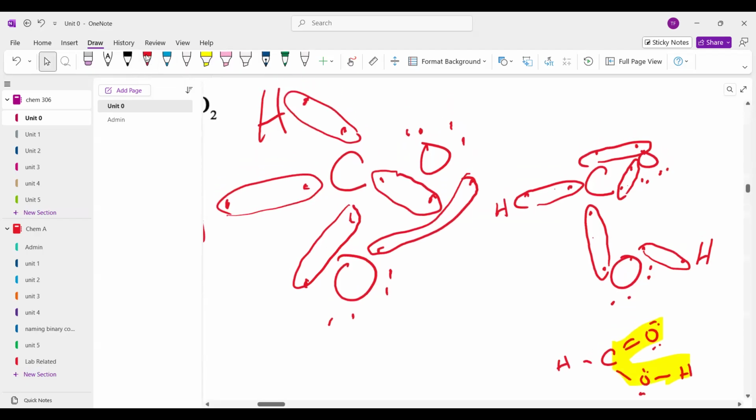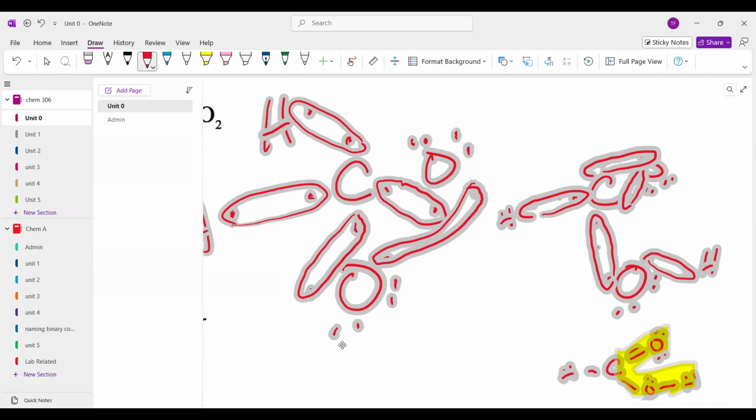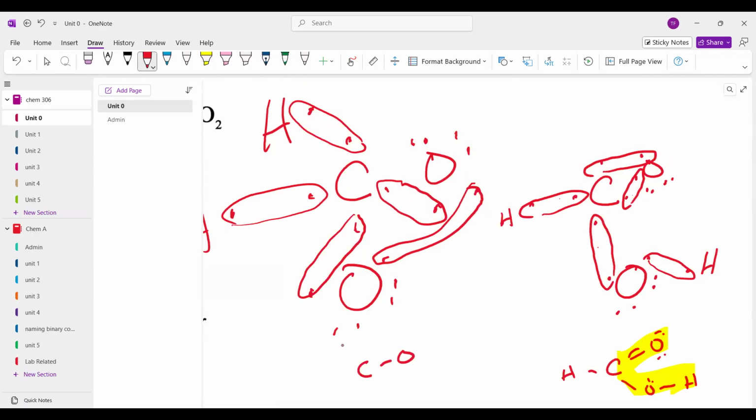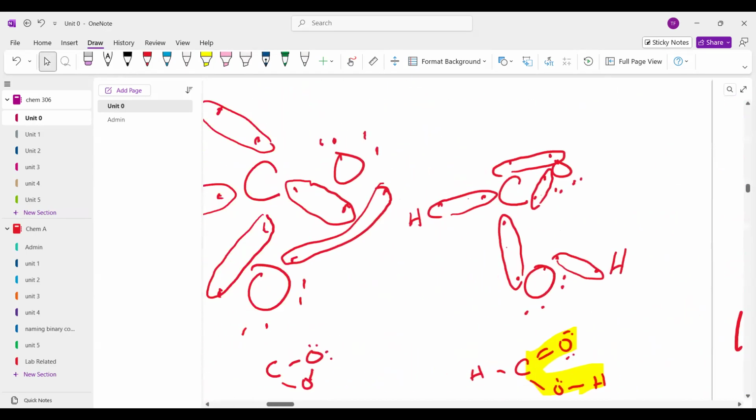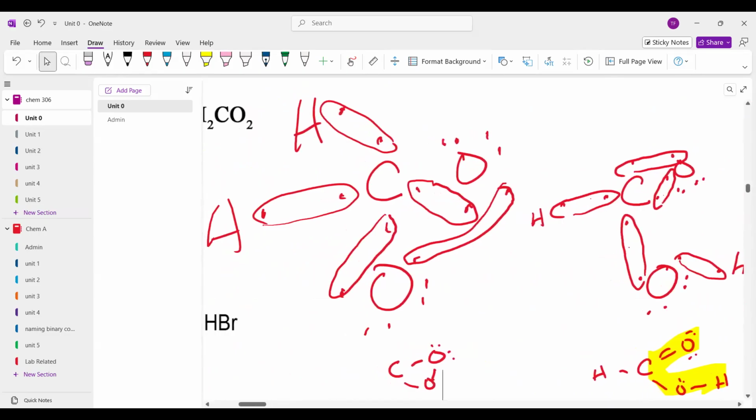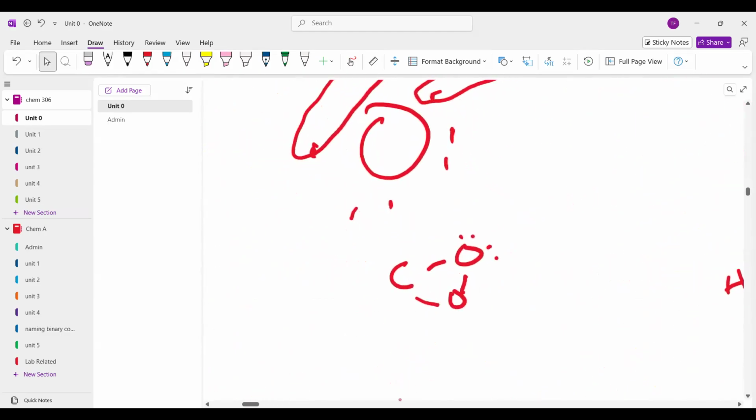And over here, let's do the line structure for this guy. That's an H. And this is the peroxide part.